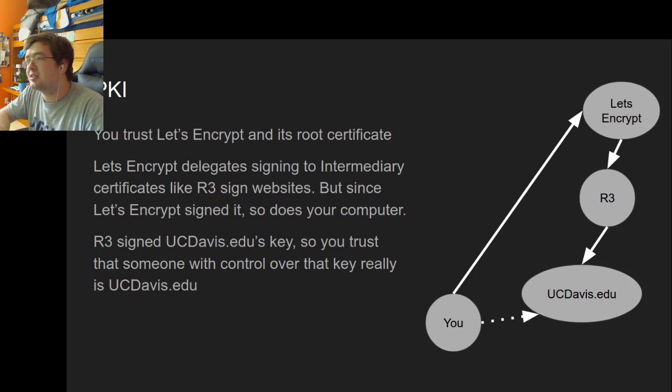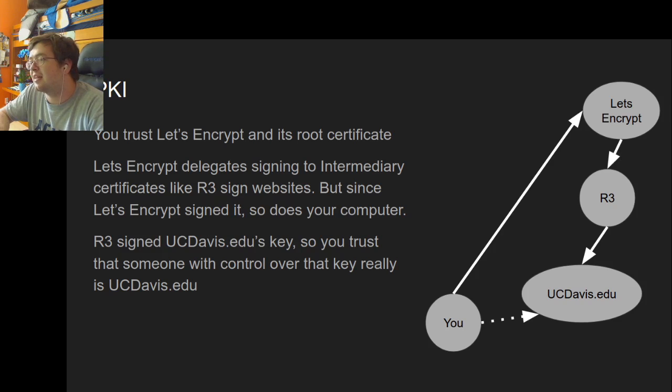But Let's Encrypt has this main certificate that is really, really secured, but its public key is given out to everybody. And in nearly every laptop and desktop around the world, you can find the public key for Let's Encrypt and these other main certificate authorities that underpin our web as a whole, that we trust to certify that websites are who they say they are.